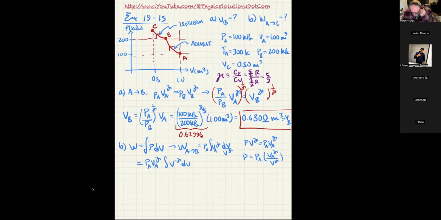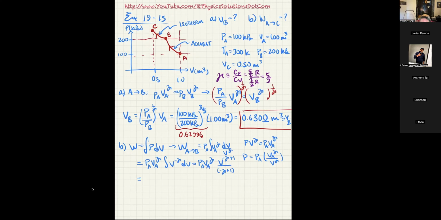And of course, when we integrate a variable to an exponent power, we add 1 to the exponent and then divide by that. So that's going to give us PA VA to the gamma, and then V to the negative gamma plus 1, all divided by negative gamma plus 1.